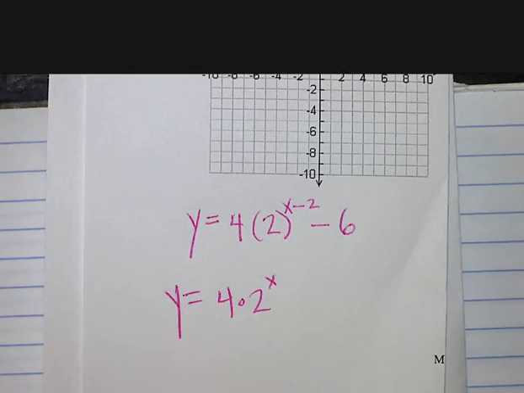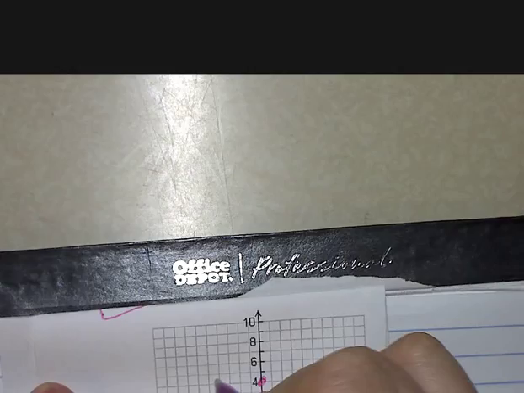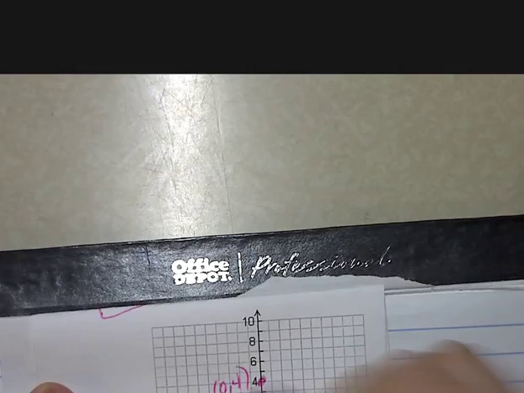Daniel, how do I start this off? Where do I start graphing? Amy, what do I do from 0, 4? Tell me what the next point is.